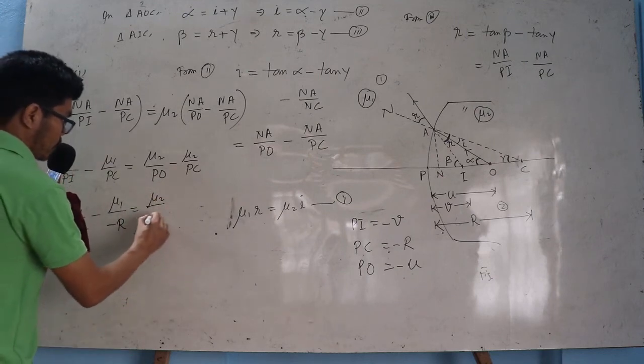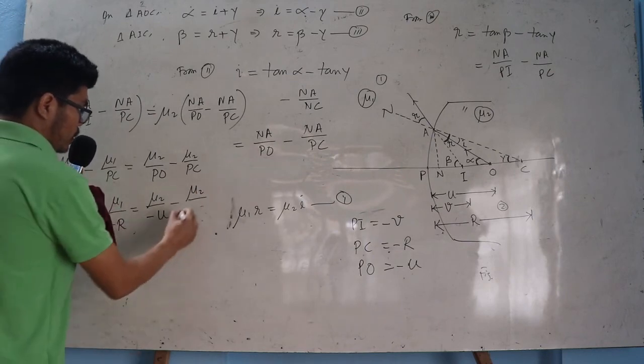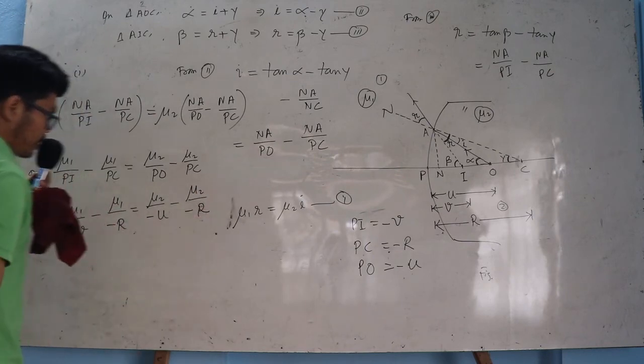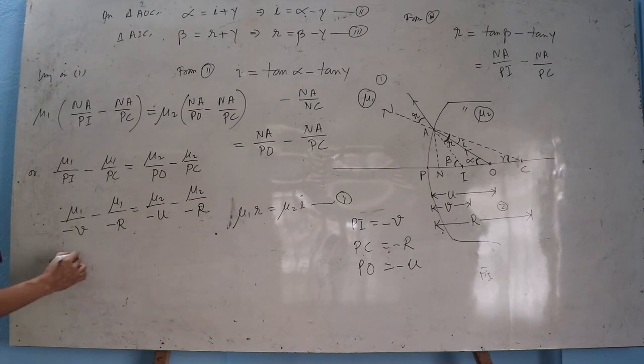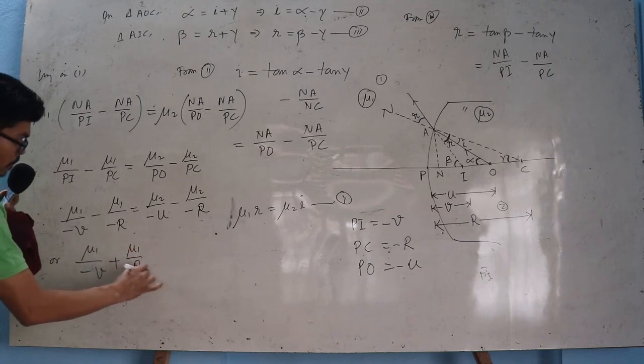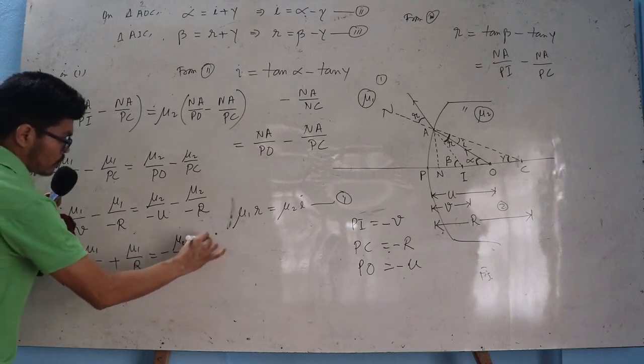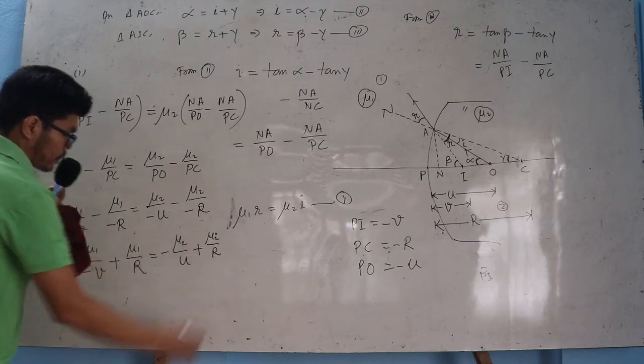PO will be written as minus U, minus mu2 by PC will be written as minus R here. So simplification will give you mu1 by minus V plus mu1 by R. This is equal to minus mu2 by U plus mu2 by R here.